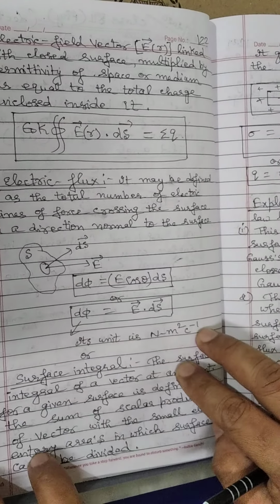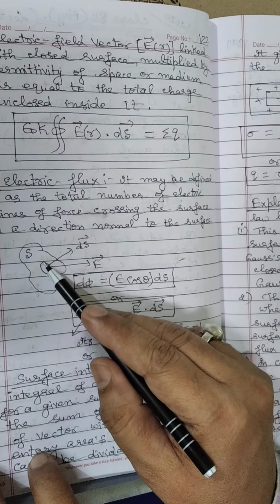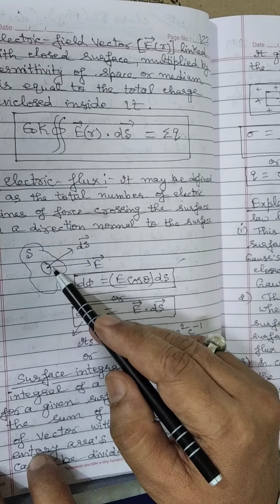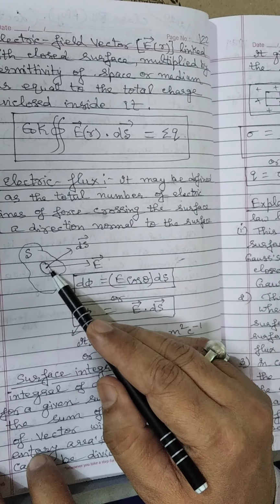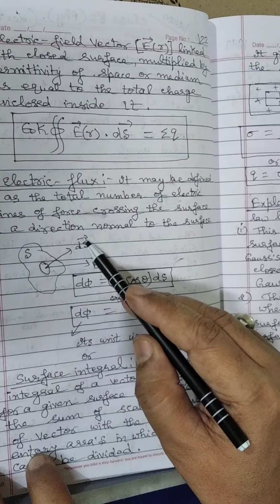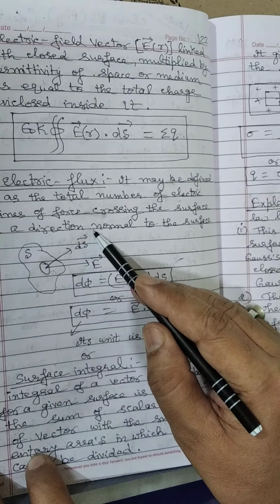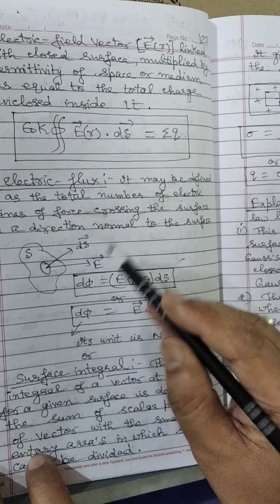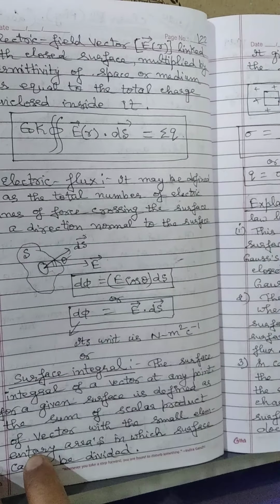Now see, this is the surface S and we are considering a small elementary area ds. The direction of the electric field is here, and ds is always normal to the surface S, so they make a certain angle between them, the angle theta.